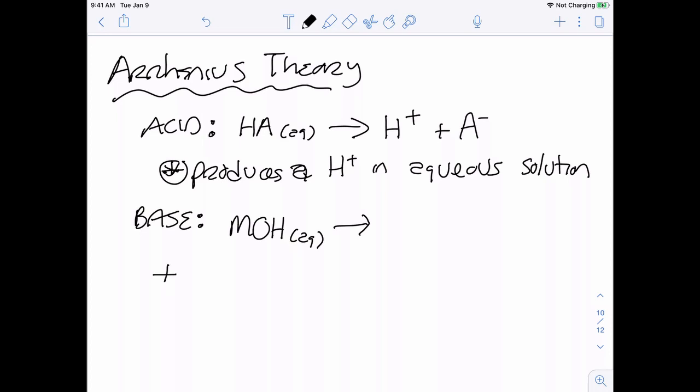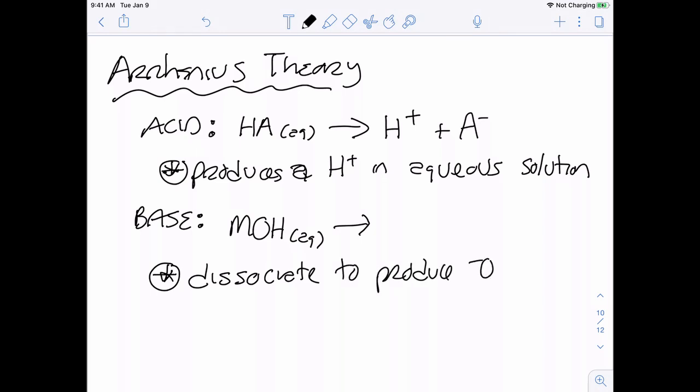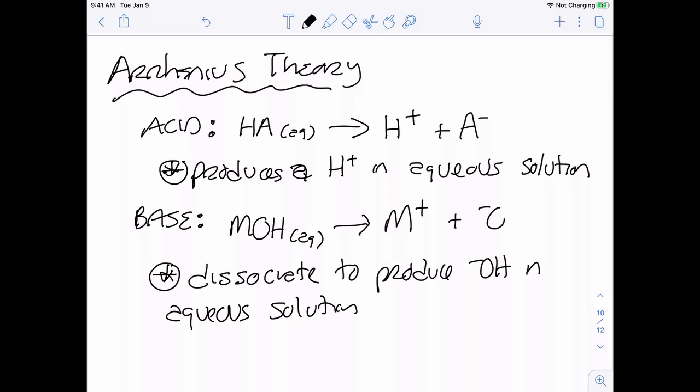So according to this theory, it's going to dissociate to produce hydroxide ions in aqueous solution. So if I go back up, I'm going to end up with my metal cation plus a hydroxide ion. And then all of these are aqueous.